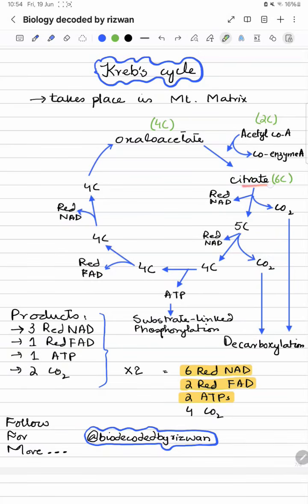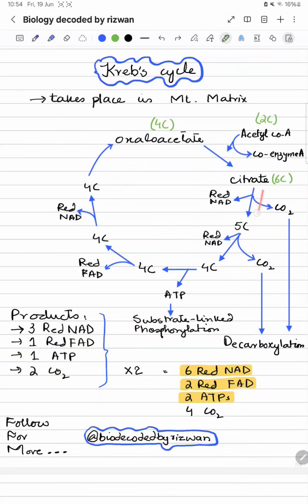Further, this 6-carbon citrate is being converted into 5-carbon and 4-carbon intermediates. The names are not mentioned here for all these intermediates, as it becomes very difficult at this level to remember all the names.